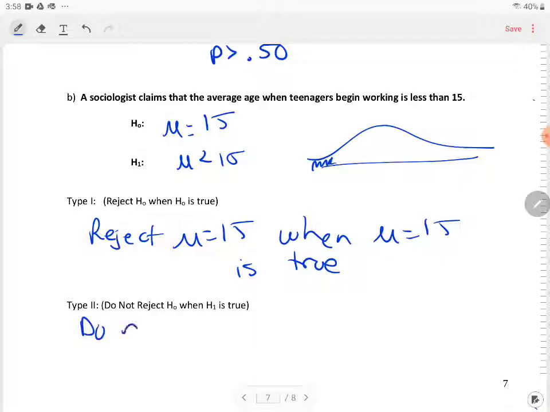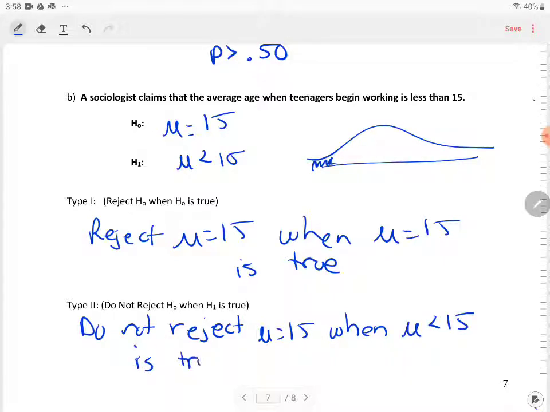And here we do not reject mu equals 15 when mu less than 15 is true. Oh, not less than. This would be when mu equals 15. Let me correct that.